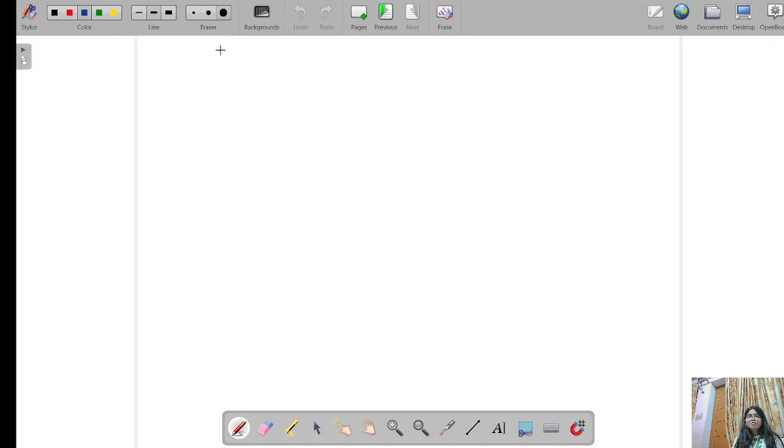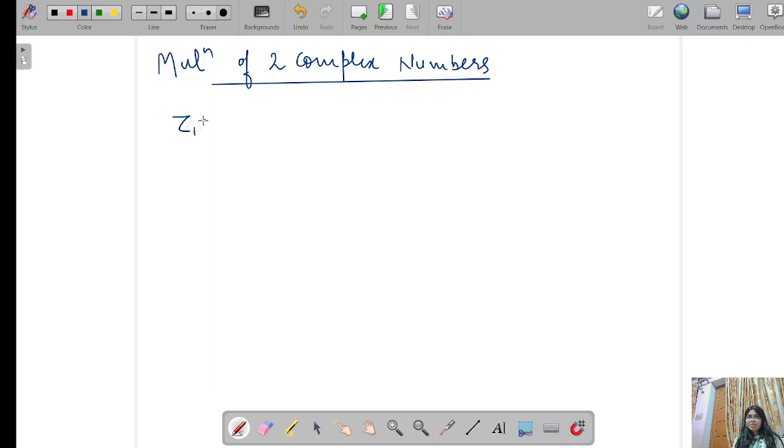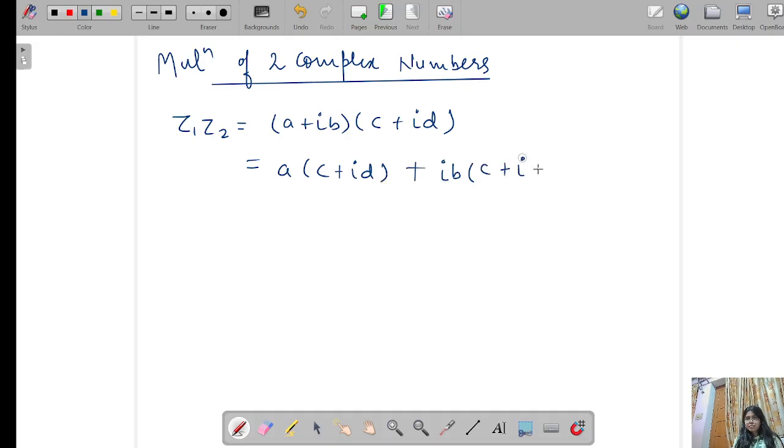Now I have to do the multiplication of two complex numbers. How am I going to multiply them? z1 was a plus iota b, and z2 is this. Using the distributive property, I can do this. This step is clear.